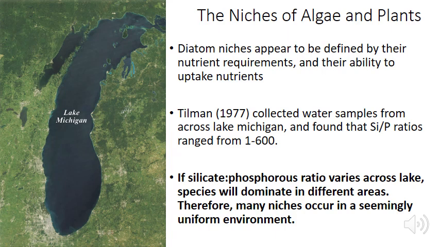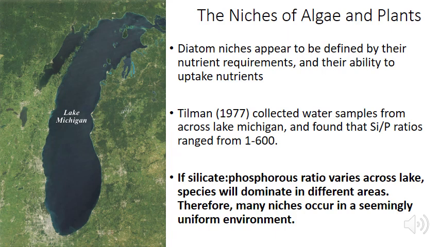So what David Tilman's work showed is that the niches of diatoms are defined by their nutrient requirements and their ability to take up nutrients. So although the environment might seem really uniform, any variation in nutrient availability is going to create different levels of competition and allow different species to thrive in those areas. Tilman collected water samples from across Lake Michigan, and what he found is that the silica to phosphorus ratios across the lake range from 1 to 600.